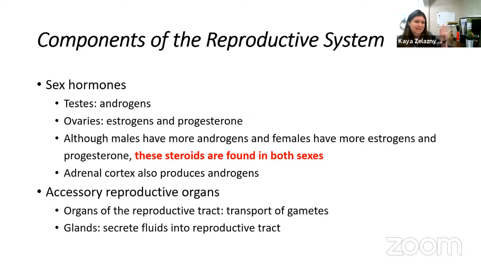Really mainly we mean testosterone, that's our main androgen. The reason for that is it's produced by the testes. So women don't have testes, so they do have fewer androgens, they have less testosterone, but they don't have zero because it's also produced by the adrenal cortex. So remember those adrenal glands sitting on top of the kidneys? The cortex of those glands also produce androgens, so they would be present in both males and females.